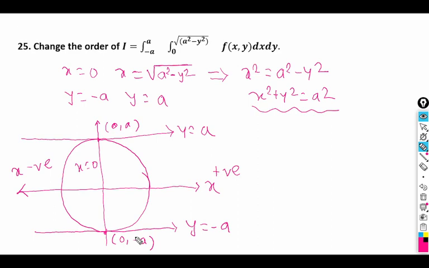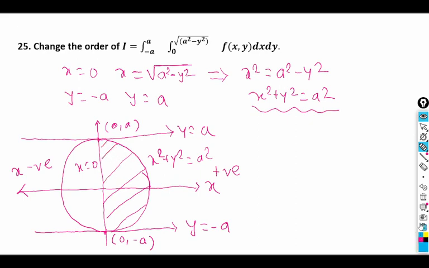So we have the region bounded between y equal to a and minus a, then x equal to 0, and this circle x square plus y square equal to a square. So the region of integration is this one. That's the region of integration.